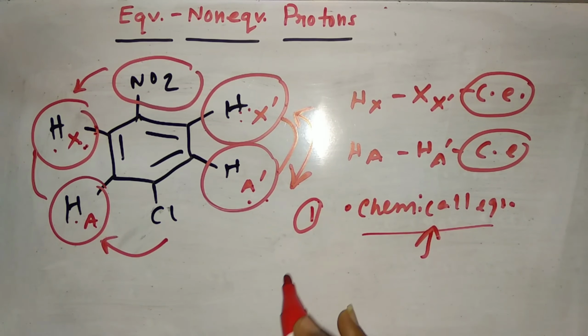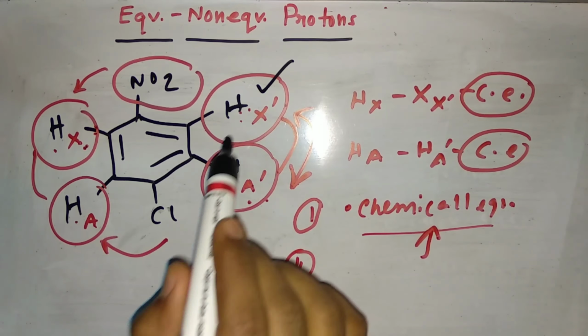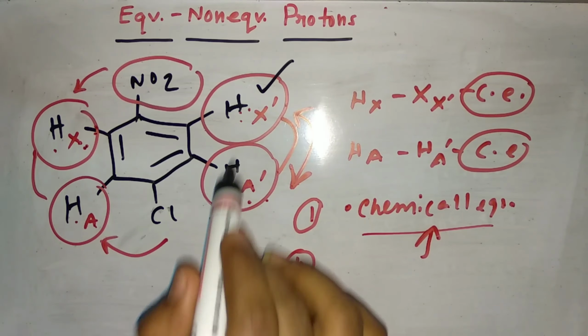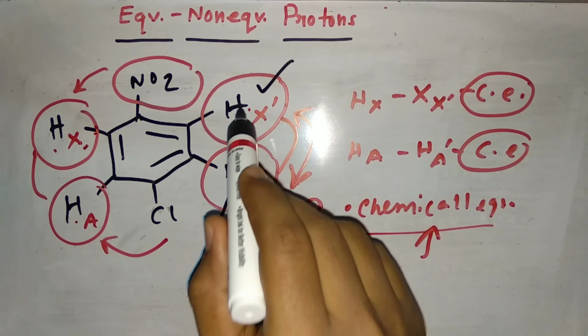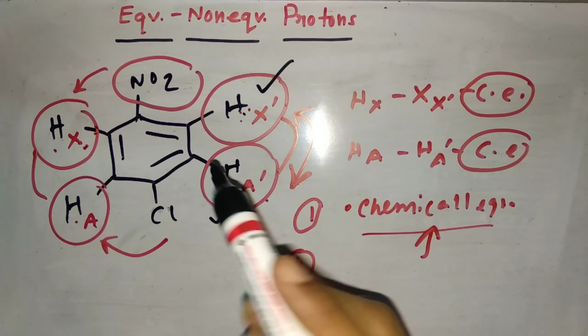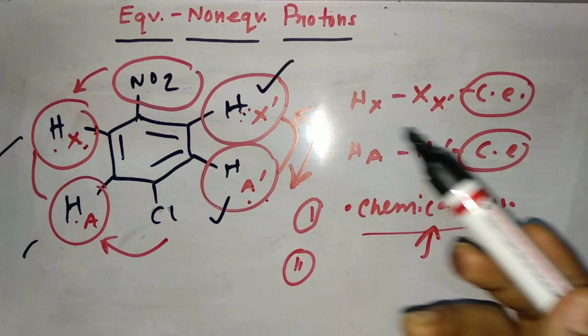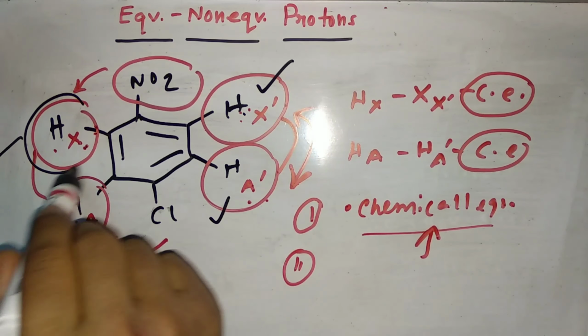And the second condition is, suppose we are considering these protons. Except these two protons, we just want to check whether this proton and this proton are magnetically equivalent or not. So we need to consider another proton, suppose this one or this one, whatever you may consider. I am considering this one.